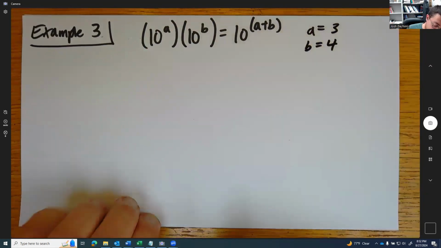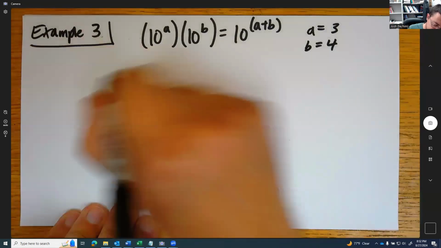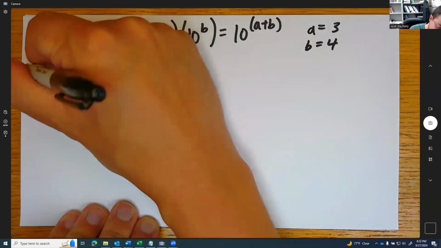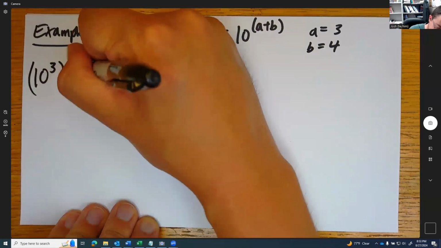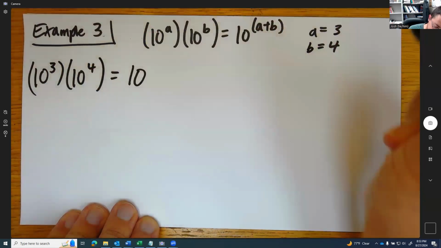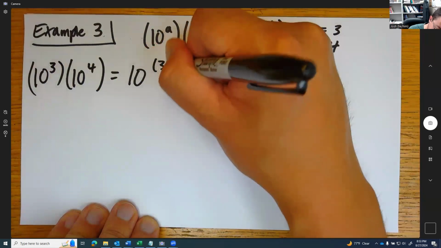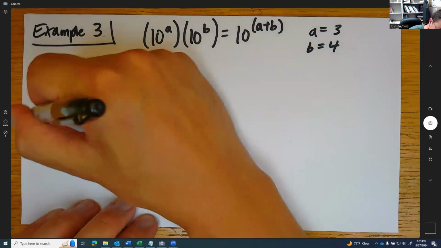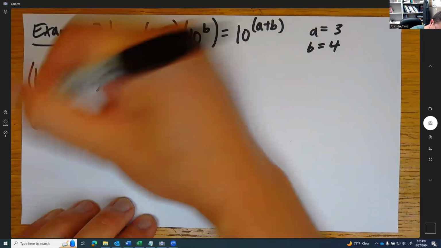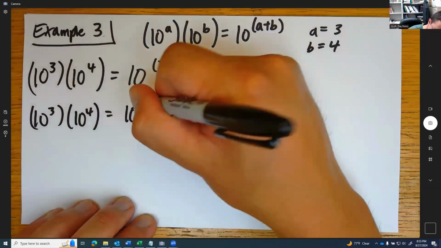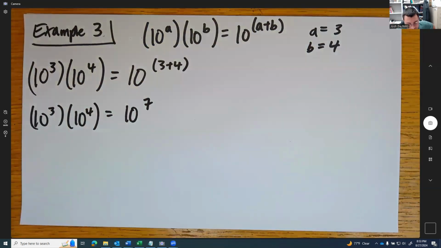All right, so I'm going to do my work over here. 10 to the third power times 10 to the fourth power. We want to see if that is equal to 10 to the 3 plus 4 power, so 10 to the seventh power. Can we show this to be true?